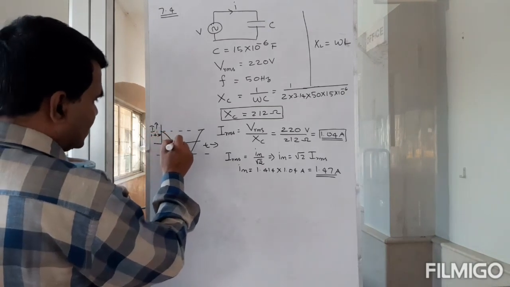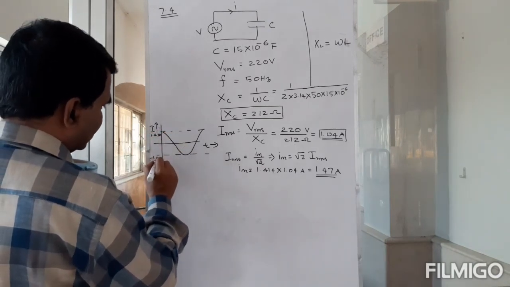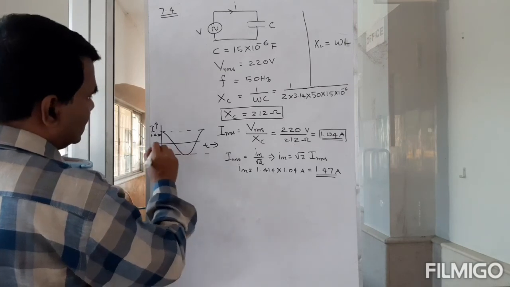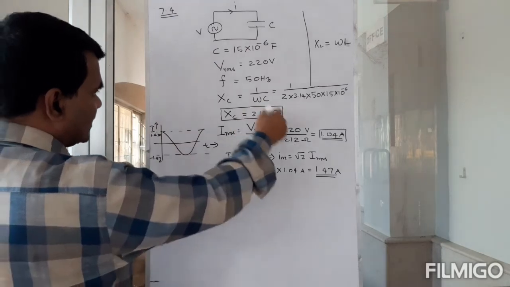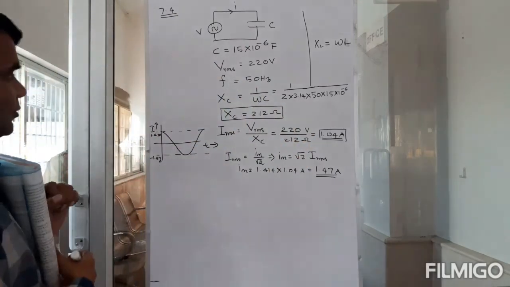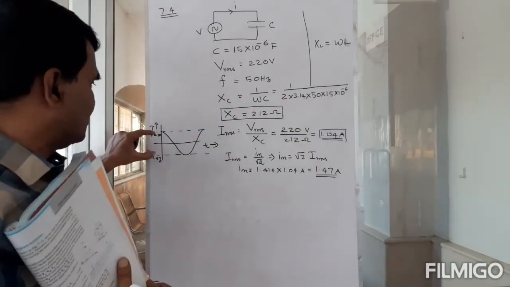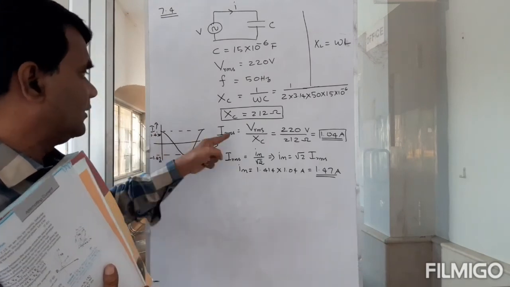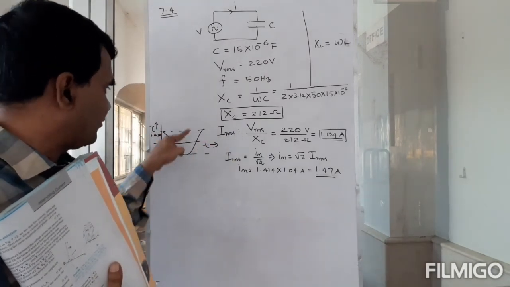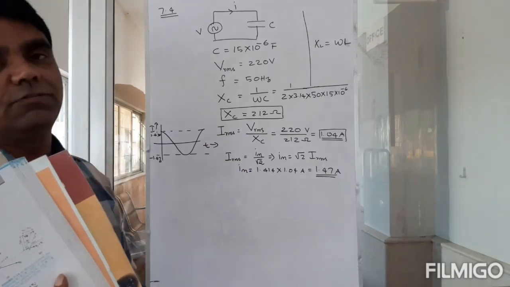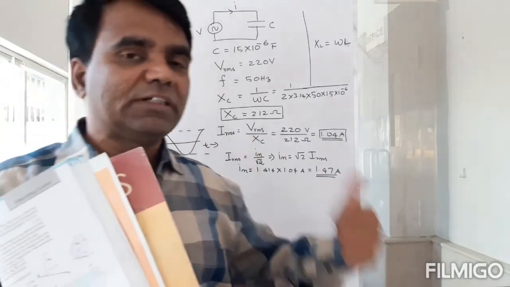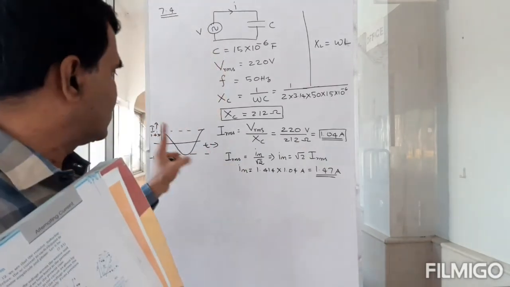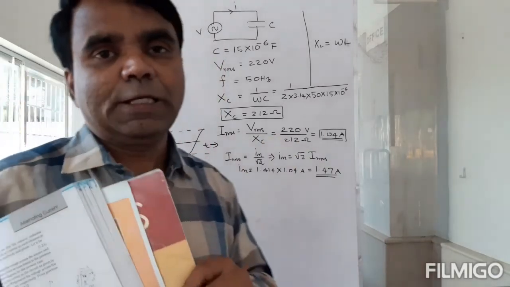Then it comes down to 0, then you get minus 1.47 amps here, then go to 0, then go to the peak again. This is how the current flows in the circuit. The maximum value is 1.47, and the I RMS value for this graph is 1.04 amperes. So the root of the mean of the squared current is 1.04 amps.